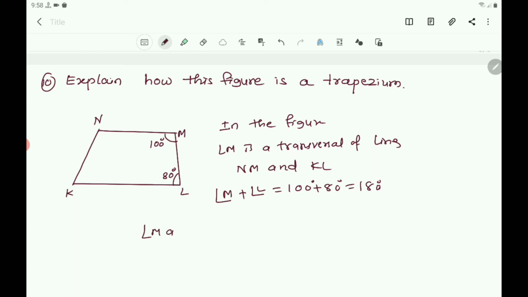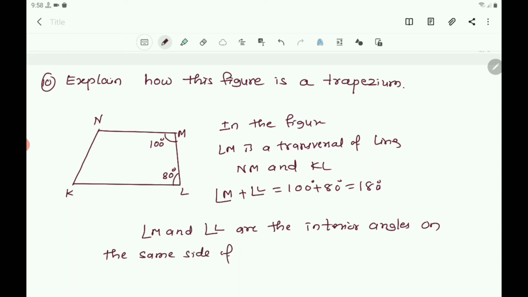Angle M and angle L are the interior angles on the same side of the transversal LM of lines NM and KL.